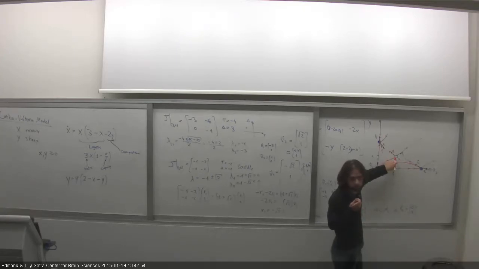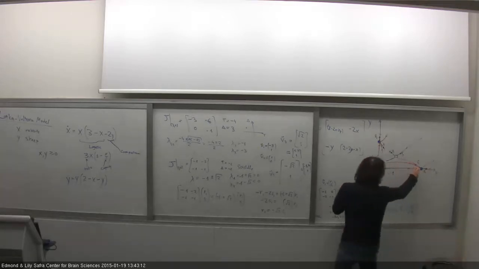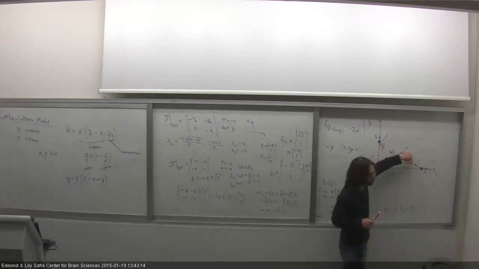It's on the eigenvector. This is the unstable manifold. So we have here and here things going out of the saddle itself, and it should basically be the same as the eigenvector here.